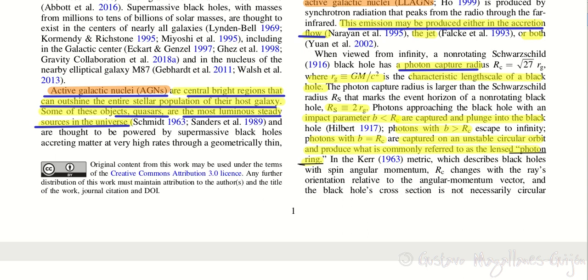It is important because the photon capture radius is larger than the Schwarzschild radius, which marks the event horizon of a non-rotating black hole.